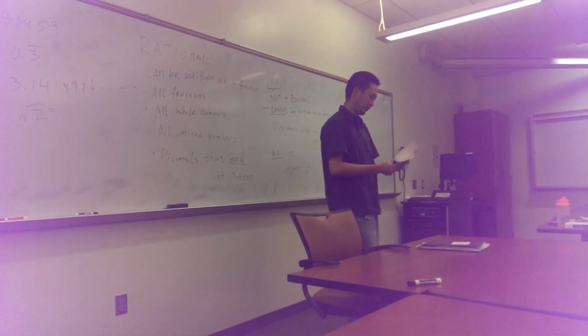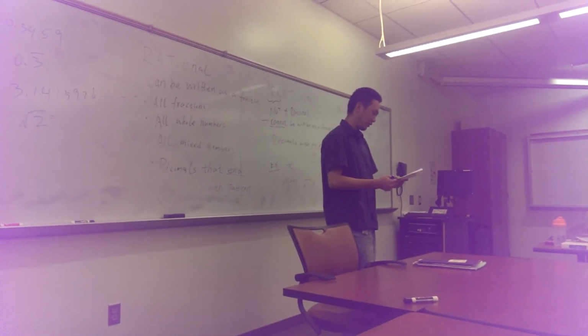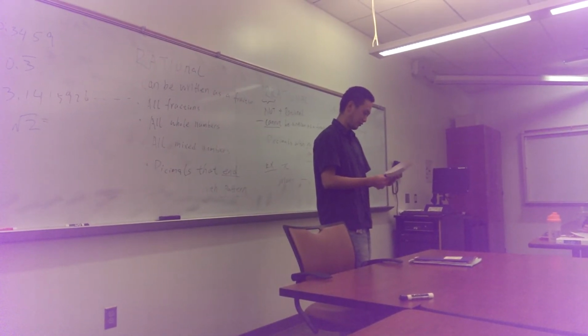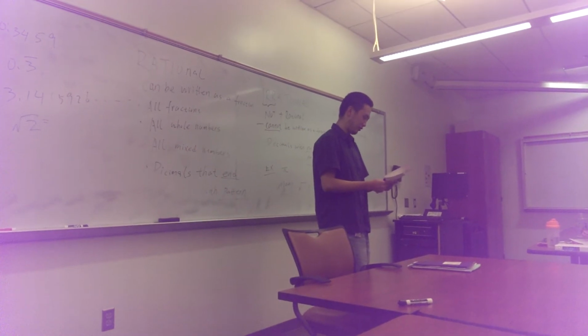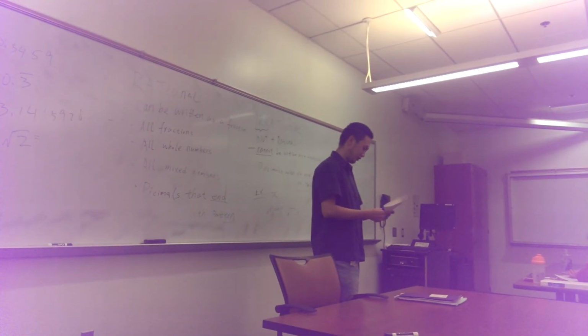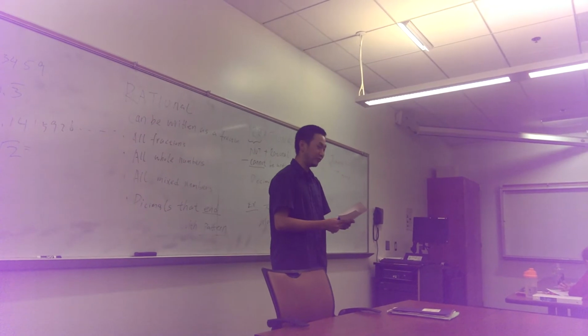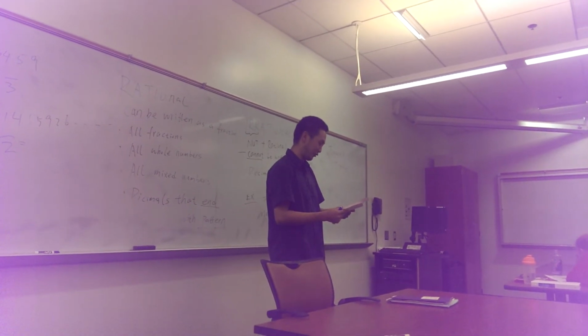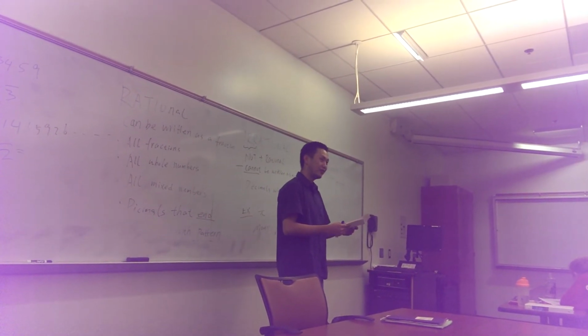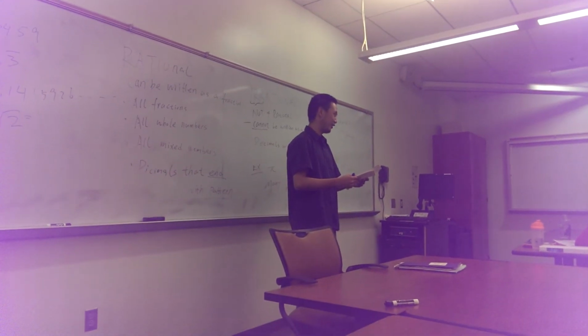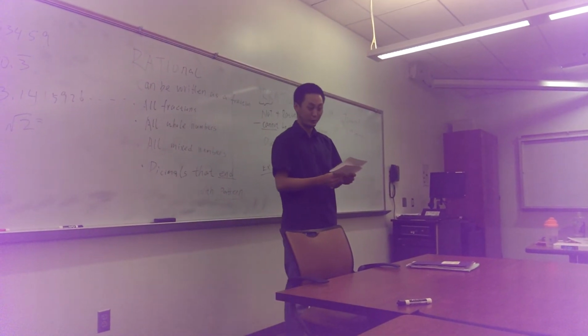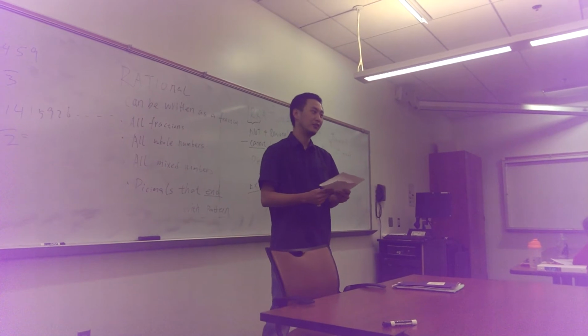Number B, 0.3. Rational. Square root of 8. Irrational. D, negative 3 over 8. Rational. Number E, 3.14. Irrational. Are you saying pi?